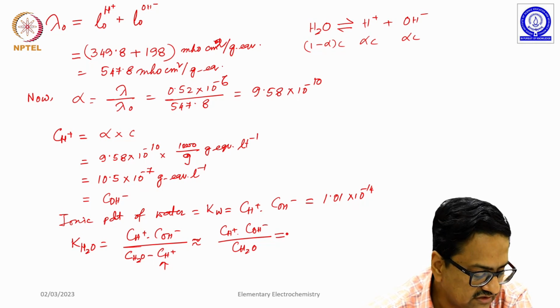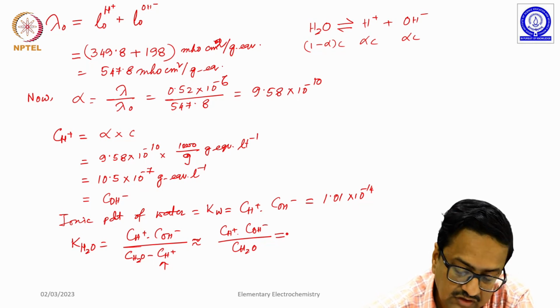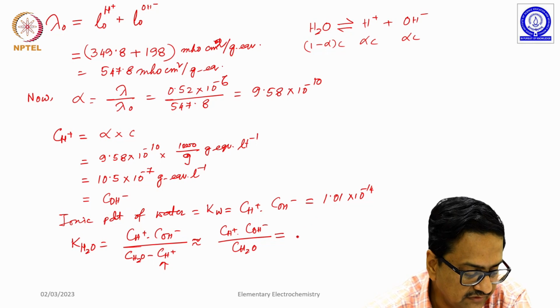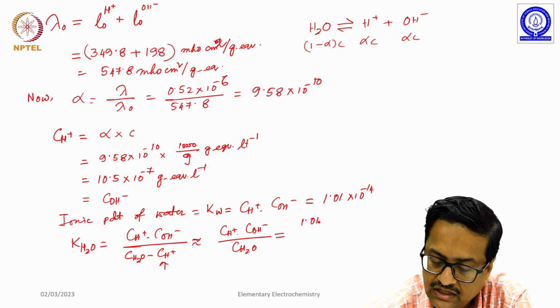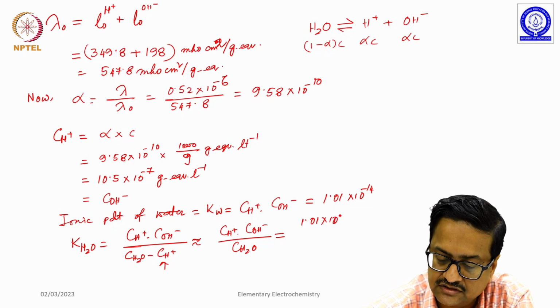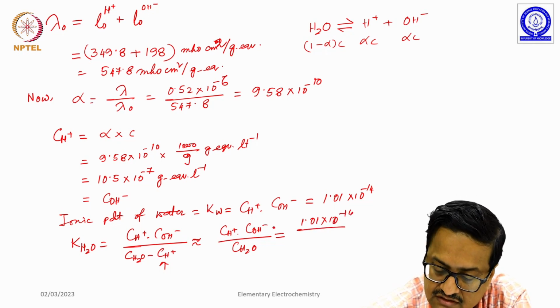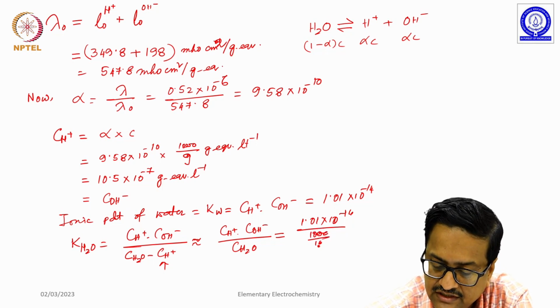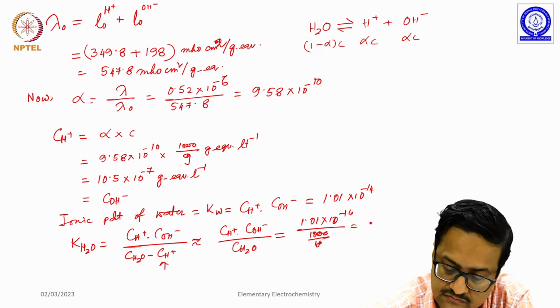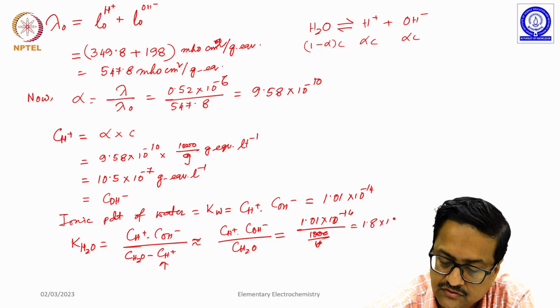Now, if you do this calculation, you will get 1.01 into 10 to the power minus 14 for this product, and concentration of water is 1000 by 18, which gives K water equal to 1.8 into 10 to the power minus 16.